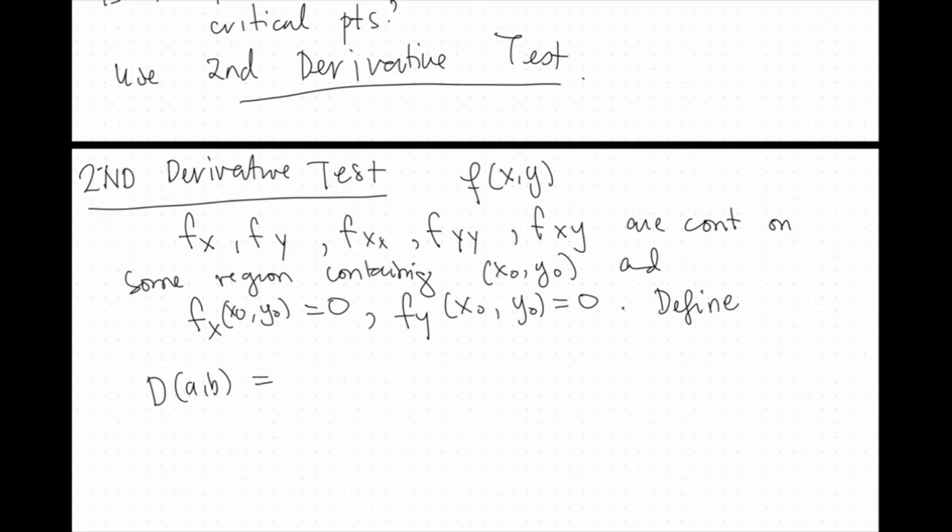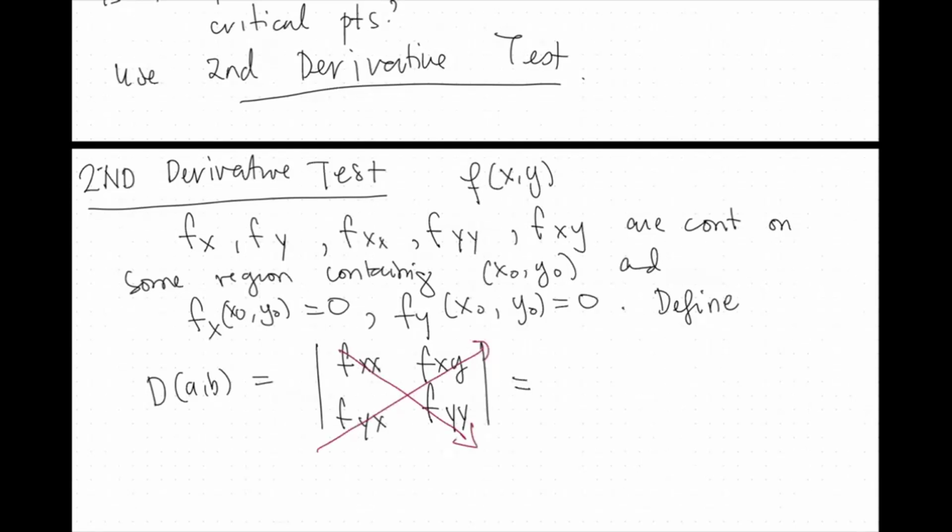This is just something like the determinant of fxx, fxy, fyx, and fyy. This is for easy recall. Just multiply this and recall that fxy is equal to fyx.